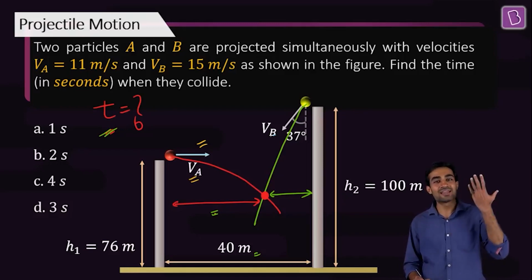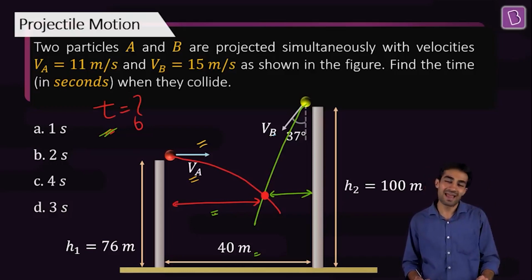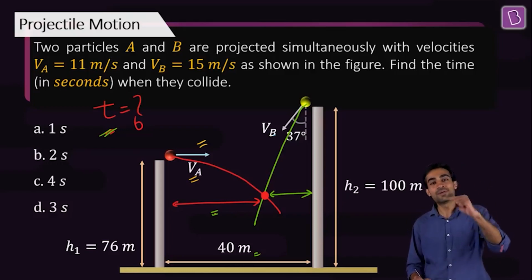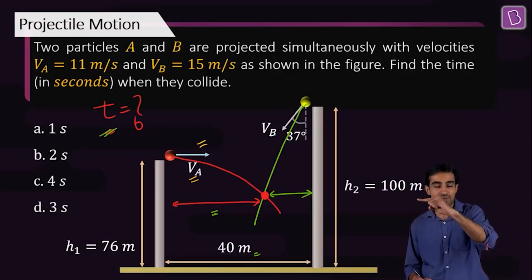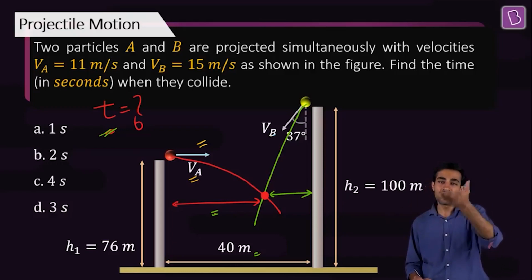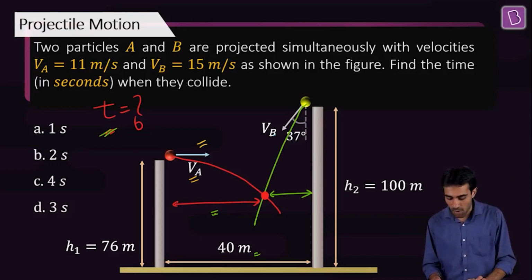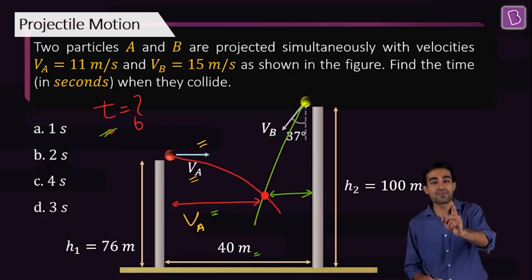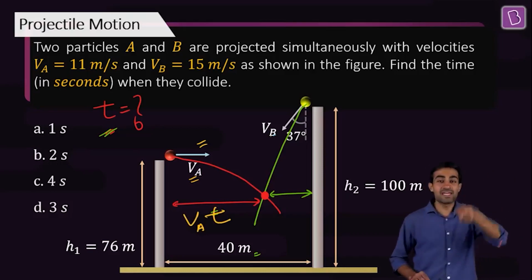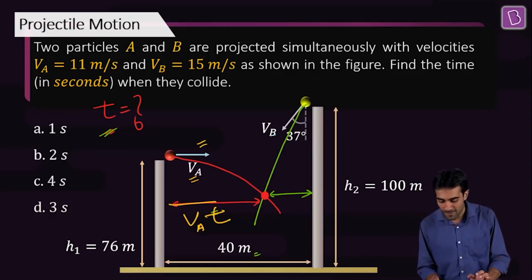Entirely everything is along the horizontal direction. Right. So VA will remain constant. But there might be some component of velocity along the vertical direction as the time goes on. But we are interested in the horizontal component VA, and if we multiply it by time t, we get this horizontal component of displacement of the red object.